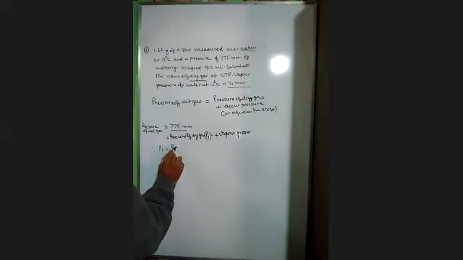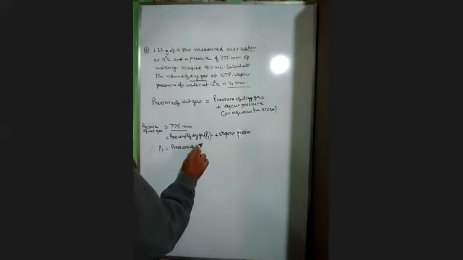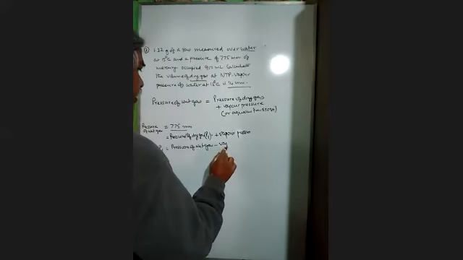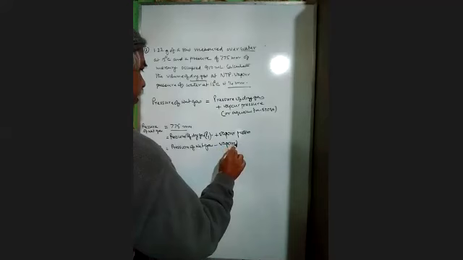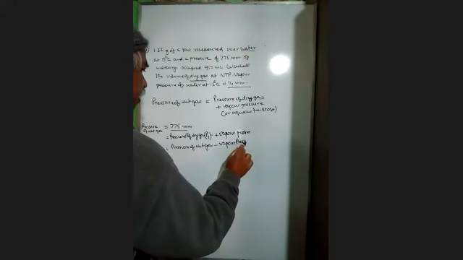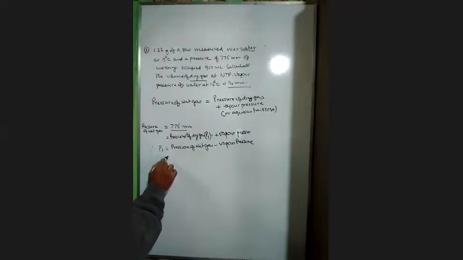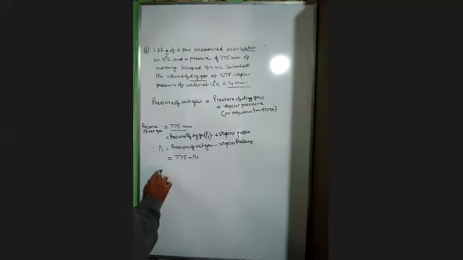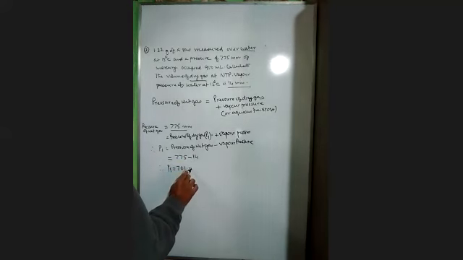I'll just do it stepwise. Pressure of wet gas minus vapor pressure or aqueous tension. This is already given to us: 775 mm minus 14. So P1 is equal to 761 mm.